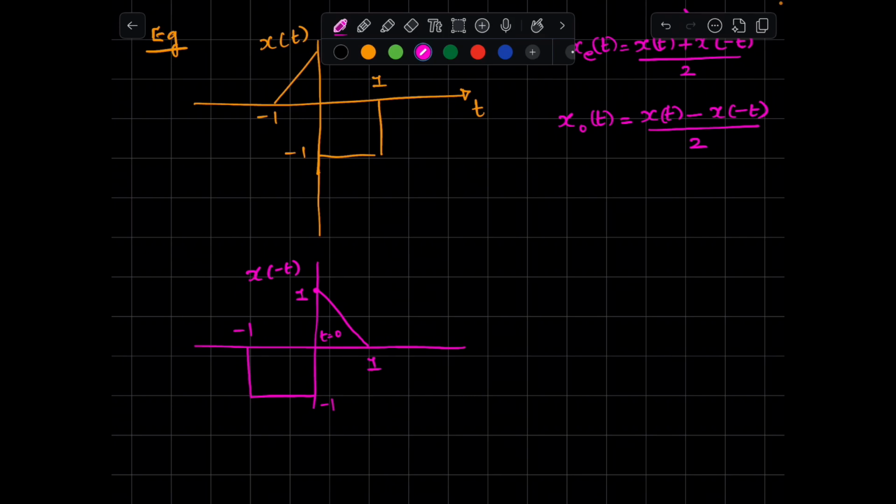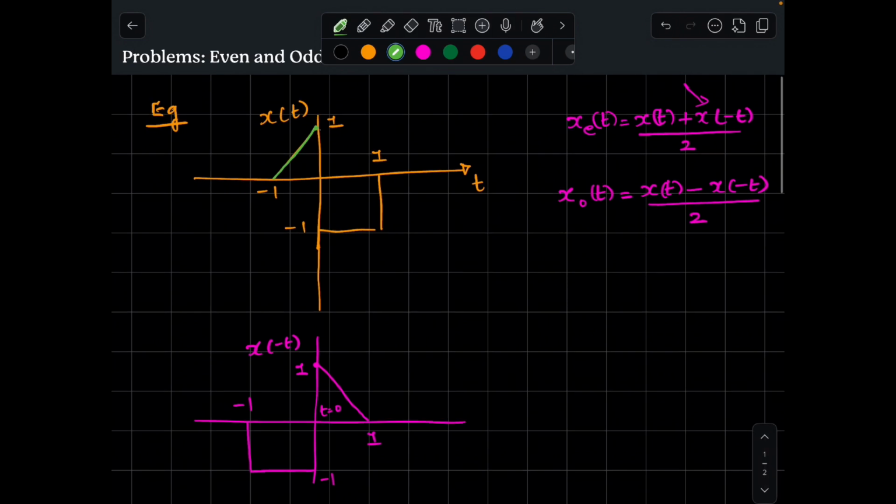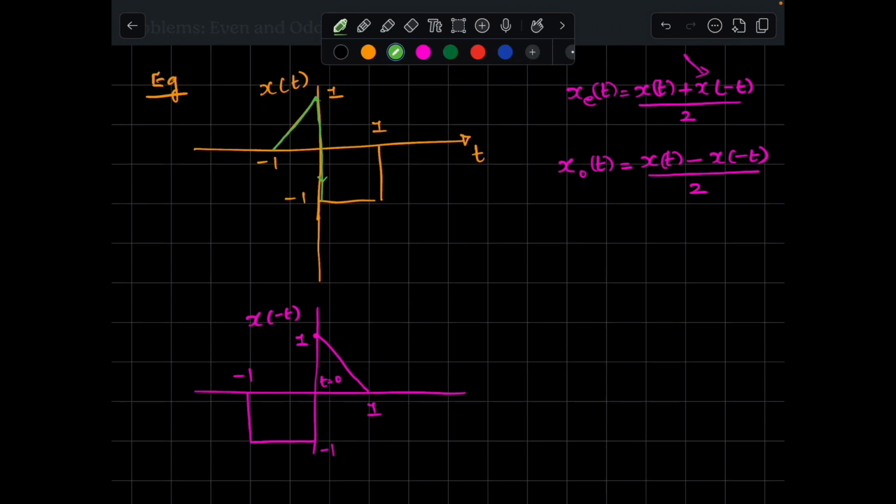There's something special about this signal: x of t jumps from 1 to -1 at t equal to 0. So at t equal to 0, the signal is not continuous, it is discontinuous. This is one of the important features of this signal.